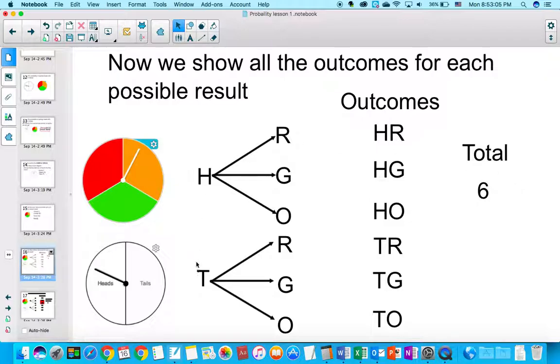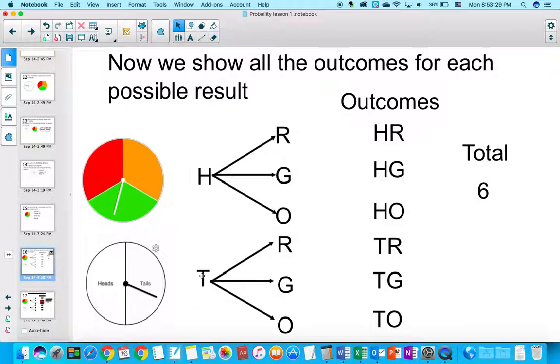So heads or tails? Well, you could spin this, hopefully it lands on heads. Yeah, you get heads. And if you spin this, you could get heads with green, you could get heads with red, and you could get heads with orange. And the same goes for, hopefully it lands on tails, the same goes for tails.